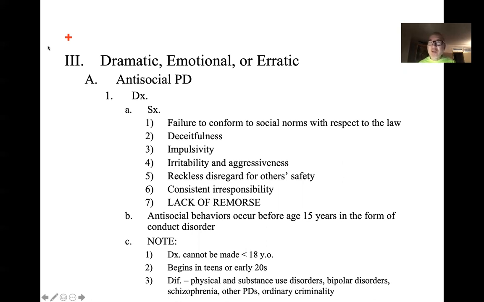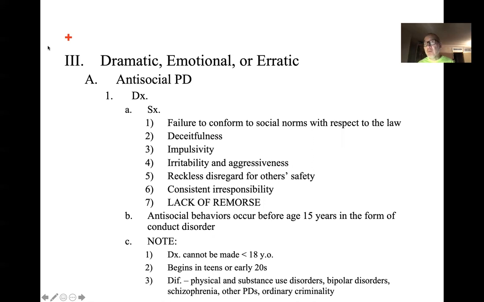Okay, it's characterized by failure to conform to norms and the law, lying, being deceitful, being impulsive, with sexual aggressive impulses, being irritable and aggressive, a reckless disregard for others' feelings and physical safety, consistent irresponsibility in terms of financial, sexual, aggressive behaviors.